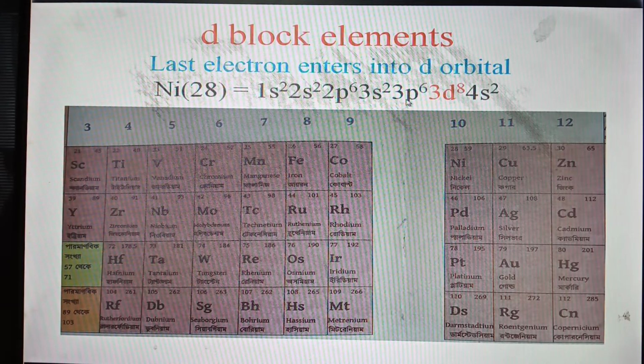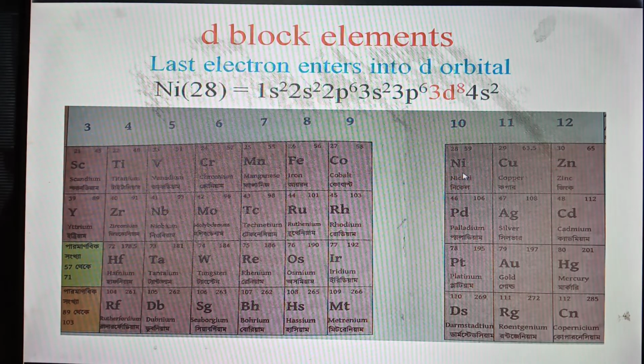Then the electron goes to 4s, and then the electron goes to 3d according to our principle. I hope that you have studied this principle in chapter 3 already. Since the last electron is going to the d orbital, the element is a d block element. Let us find this element in this area. This is nickel. It is a d block element.